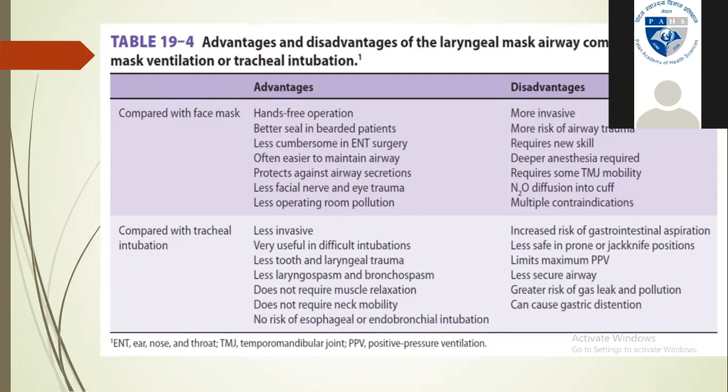But the disadvantages are an increased risk of gastrointestinal aspiration, as it cannot provide a high pressure cough, and there are less secure airways, and a limitation in positive pressure ventilation.